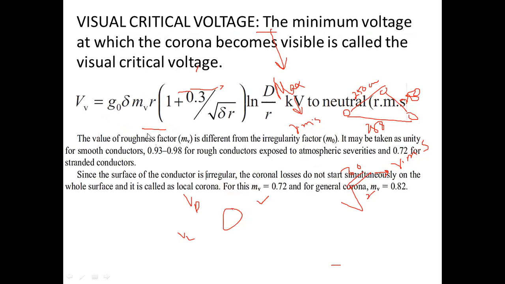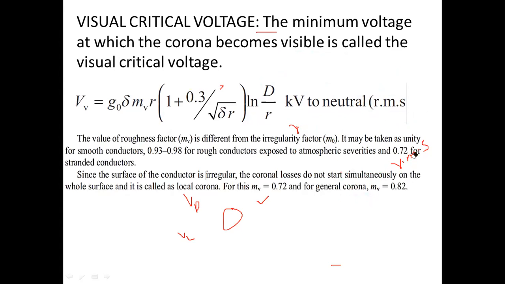Now the visual critical voltage. I have already told you that the disruptive critical voltage for the visual corona is greater than that of the audible. It is higher than the audible corona by this term, 1 plus 0.3 divided by square root of sigma r.